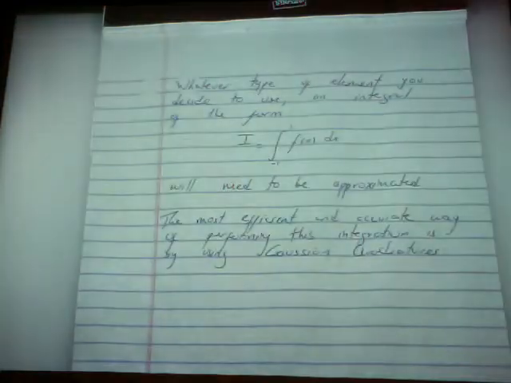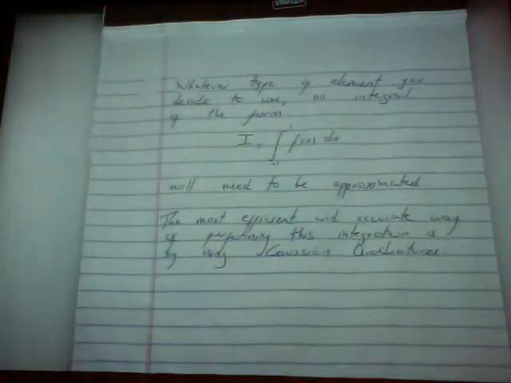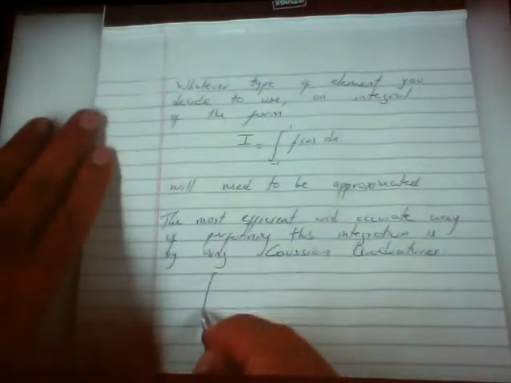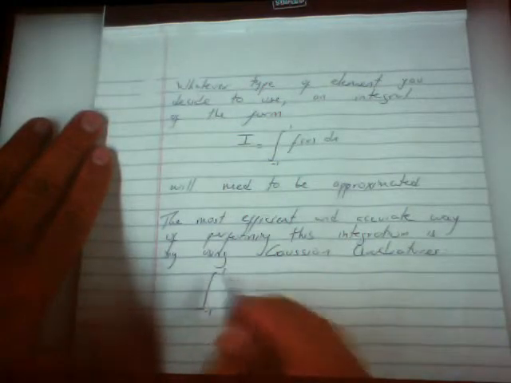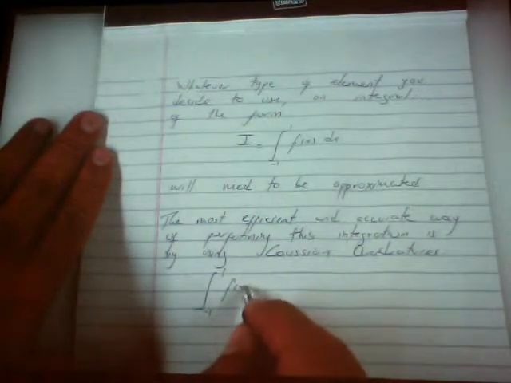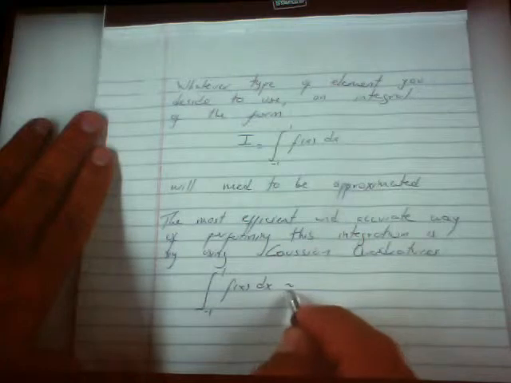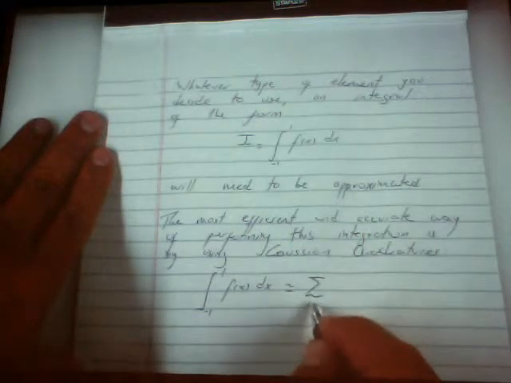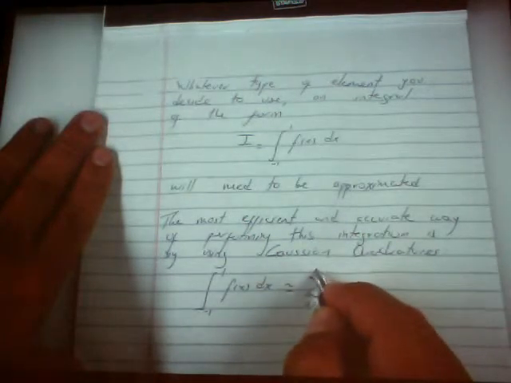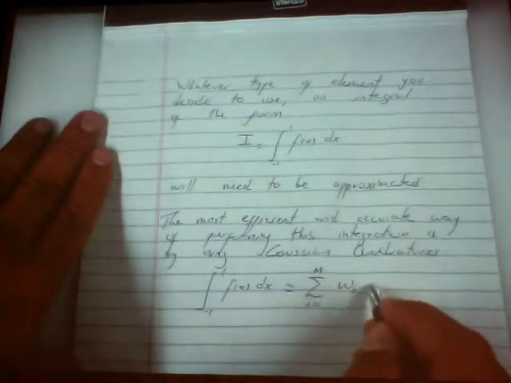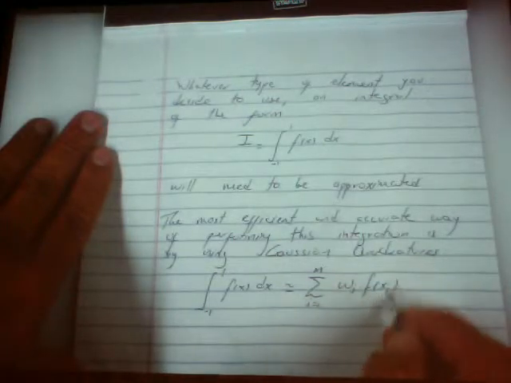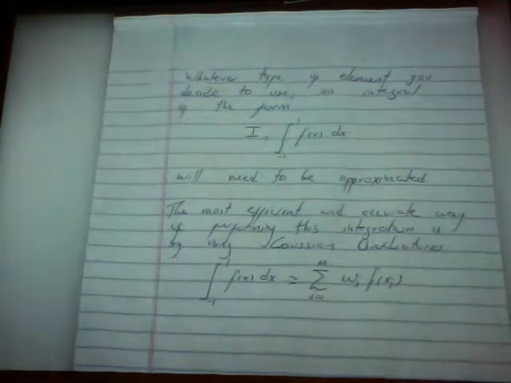So what's the idea behind Gaussian quadratures? You have the integral between -1 and 1 of f of x dx can be approximated by the summation from j equal 1 to m of some weights times the function evaluated at some specific locations, which are called the quadratures, between -1 and 1.